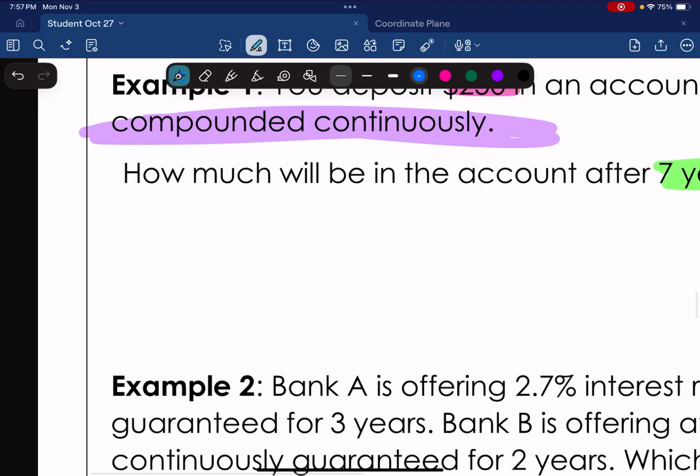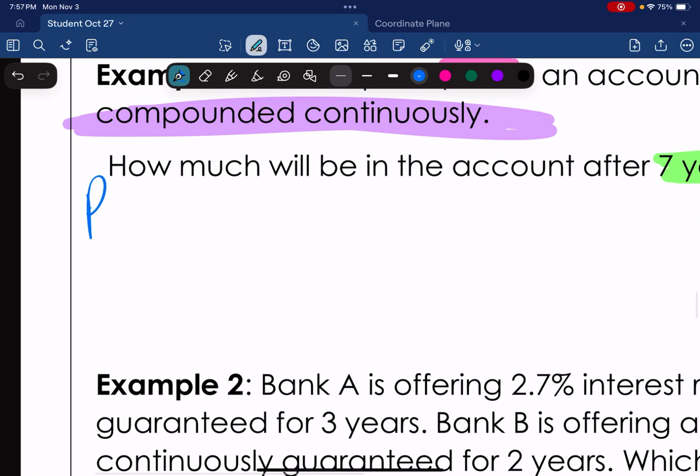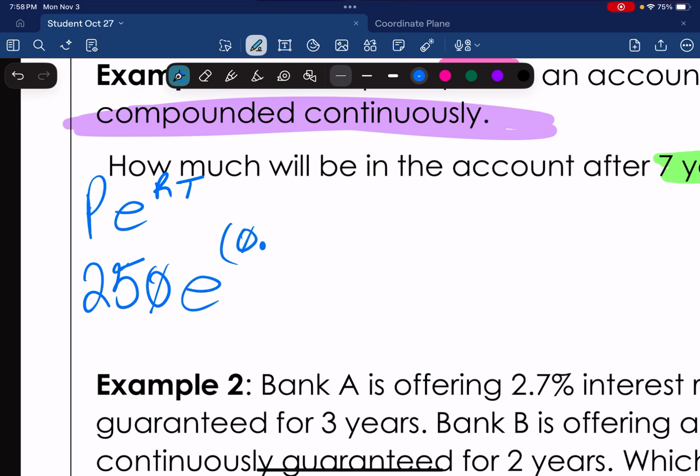So my equation, PERT, we did 250. We're going to put E. My rate was 0.03 times my 7. And I'm going to put that into Desmos, just like that.